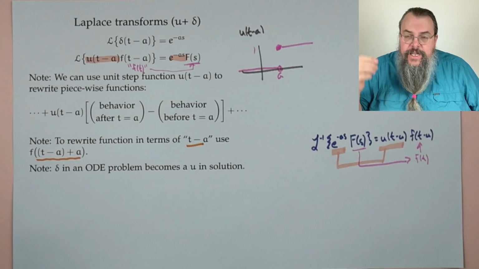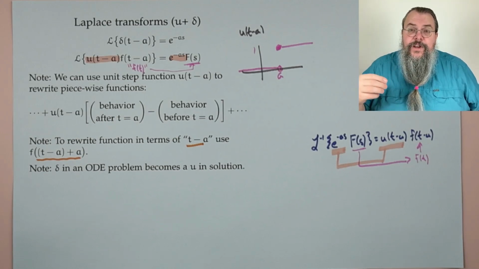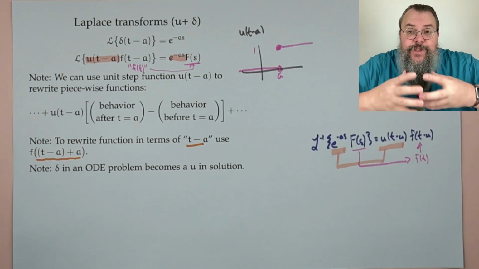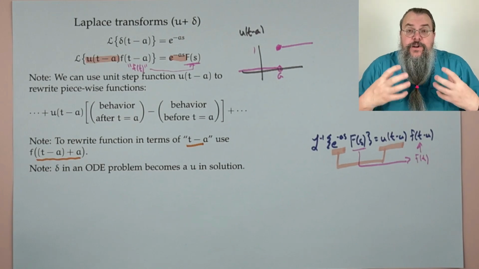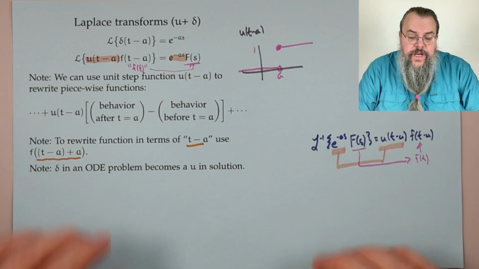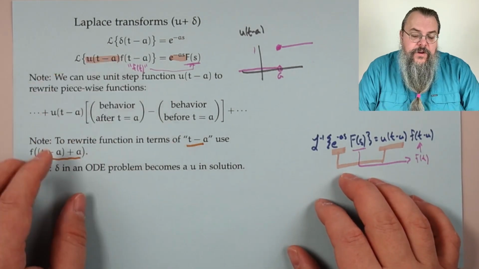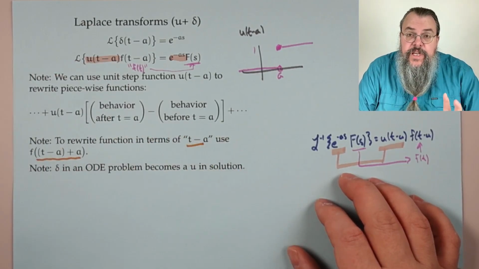So anything where your function changes behavior, you say, okay, that's piecewise, and if I want to feed it through the Laplace transform machinery, I have to rewrite it in a way that's compatible. And the way that we can do that is using our on-off switch. So we break it up into several pieces, and each piece represents a change.